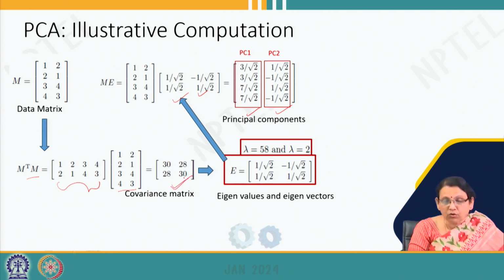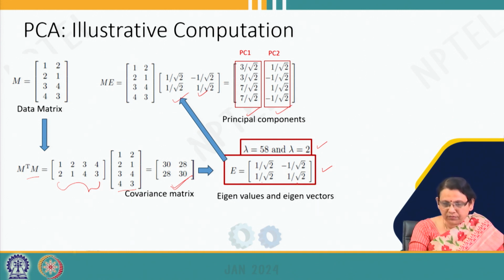Typically, when we get the covariance matrix, this data has to be mean centered, I mean it has to be normalized and standardized. Assuming that they are already standardized, this M transpose M gives you the covariance matrix, and this is a symmetric matrix, and these are the corresponding eigenvectors and eigenvalues. And these eigenvectors, how do you get them?